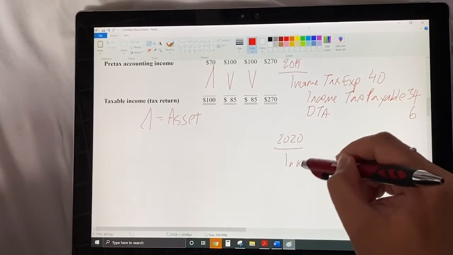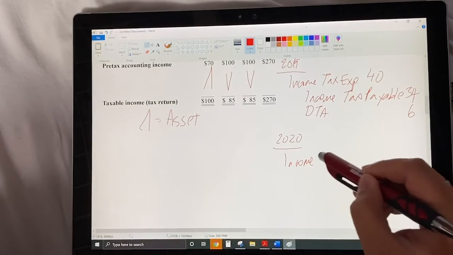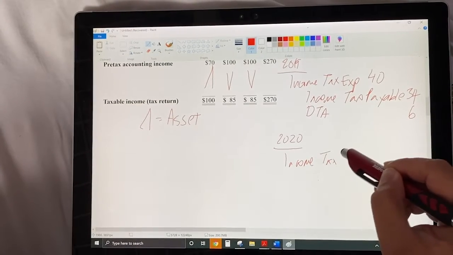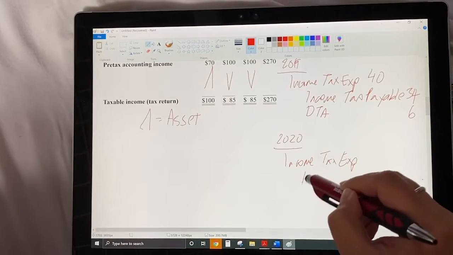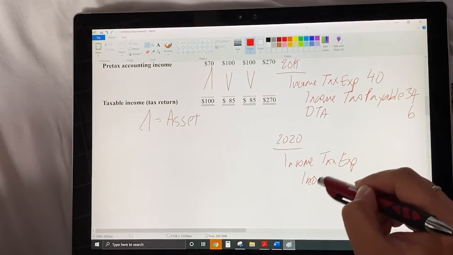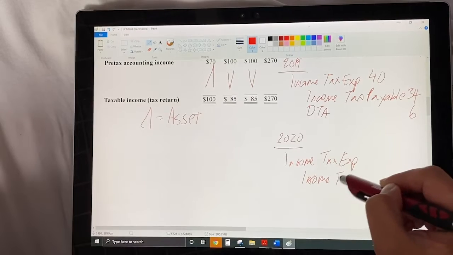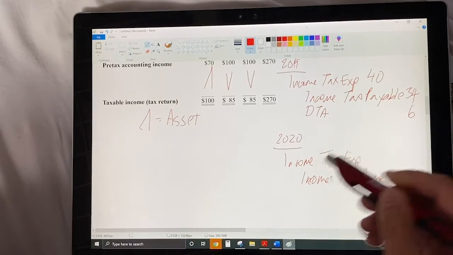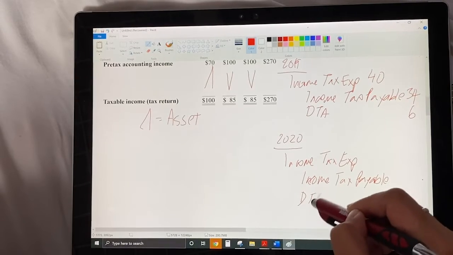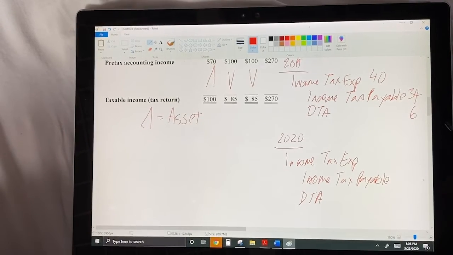Income tax expense. I'm even just going to write down the journal entries, and then I'll put the numbers later. It becomes easier as you go.